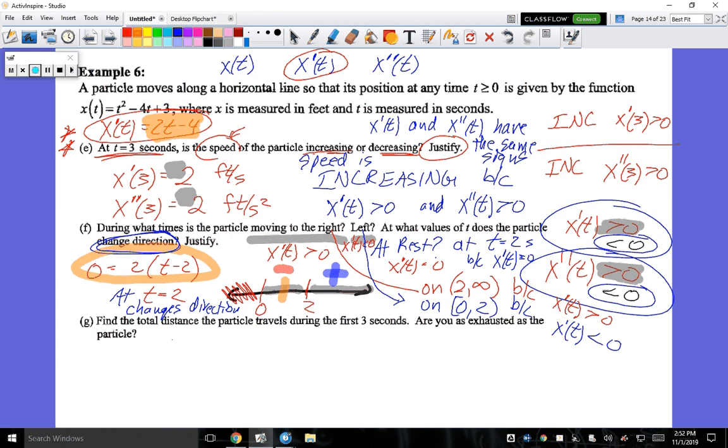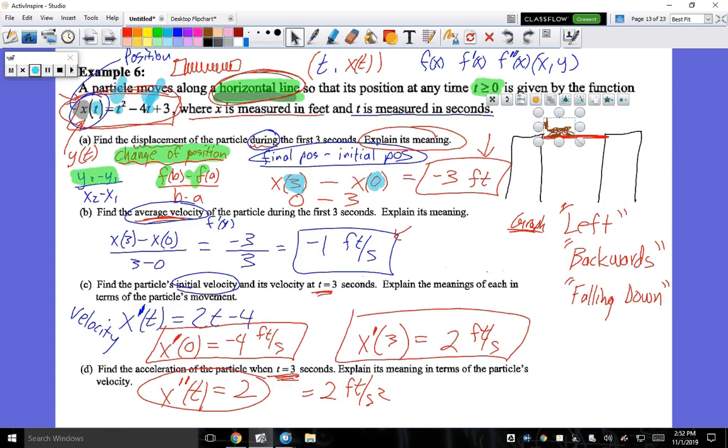Because it changes from negative to positive. It could change from positive to negative. The fact that it changes signs, that's why we want it. You see what I'm saying? Not because at 2 it's 0. Because something can have a negative velocity, stop for a moment, and have some more negative velocity. And they did that on that problem with the scroll. It had positive, it stopped for a little, and then it had more positive.